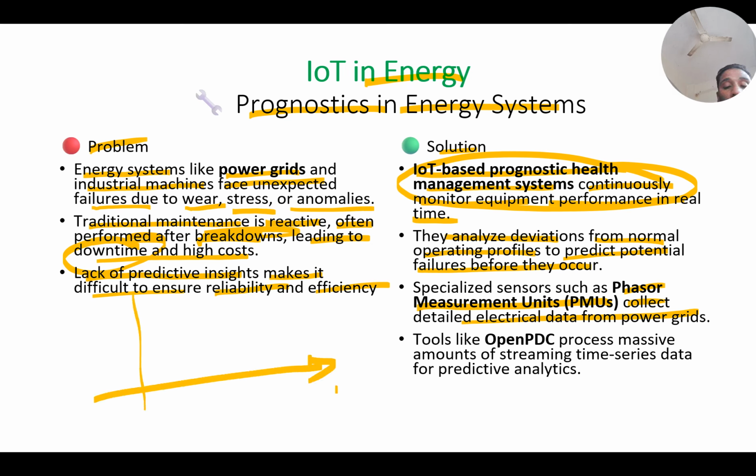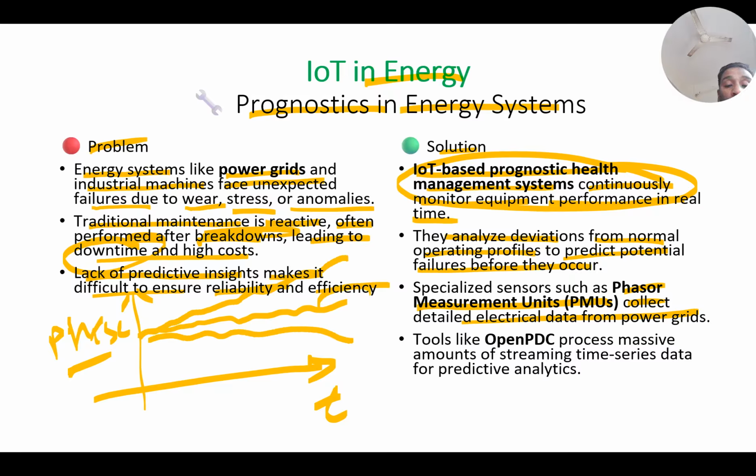Now suppose we plot time versus phase. Generally the phase is constant. Now in certain situations the phase may increase or decrease.